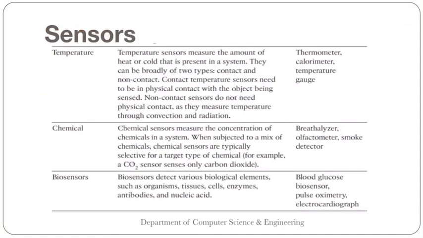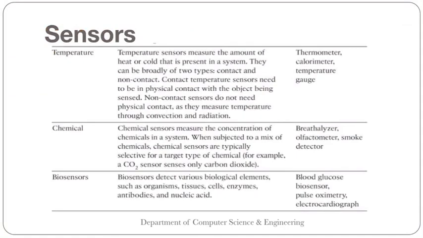Then we have chemical sensors. A chemical sensor measures the concentration of chemicals in a system. When subjected to a mix of chemicals, chemical sensors are typically selective for a target type of chemical. For example, a CO2 sensor senses only carbon dioxide. Then we have biosensors.